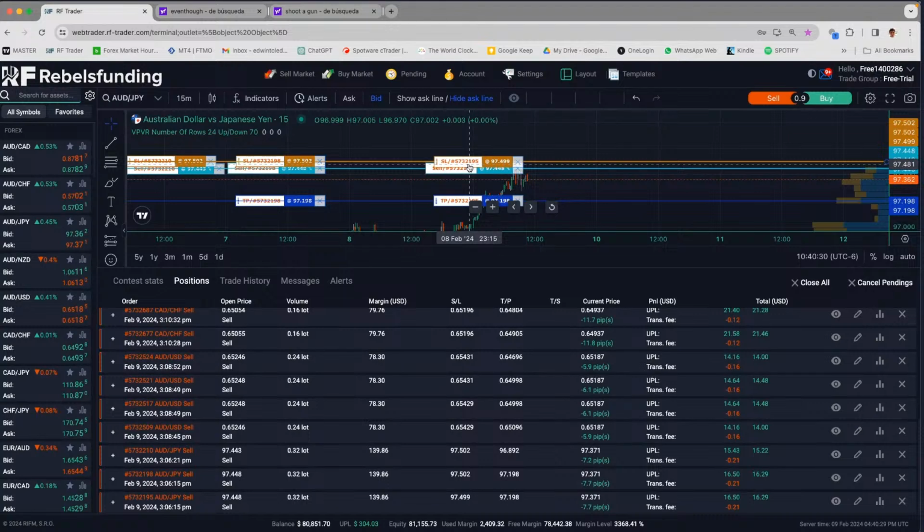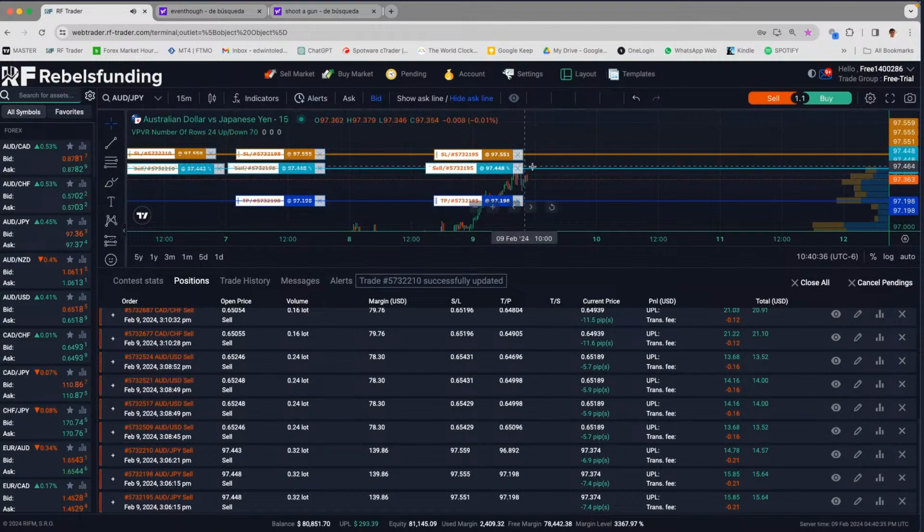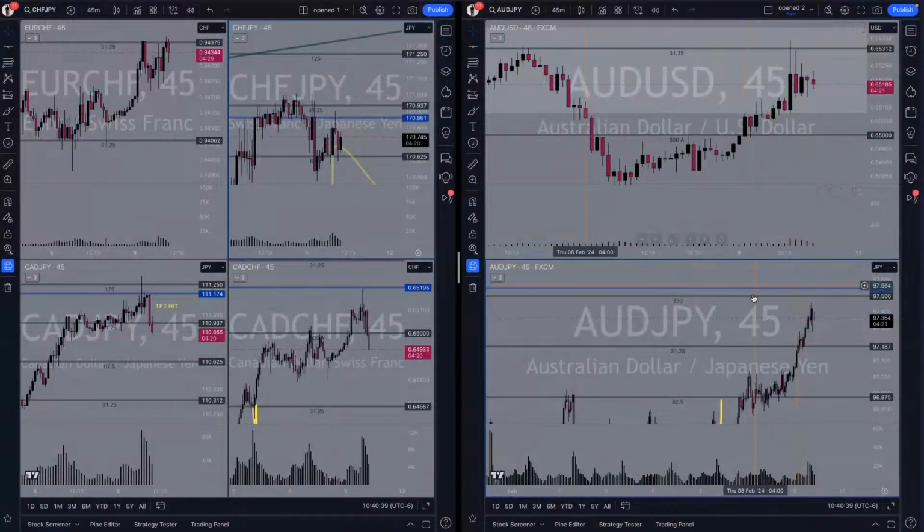I think it makes sense to just put it up a little bit on top of that. I don't know. We have AUD JPY and AUD USD with a little bit bigger stop loss. Some trades we have reduced the stop loss, some trades we have increased the stop loss. All of them we are selling, all of them.